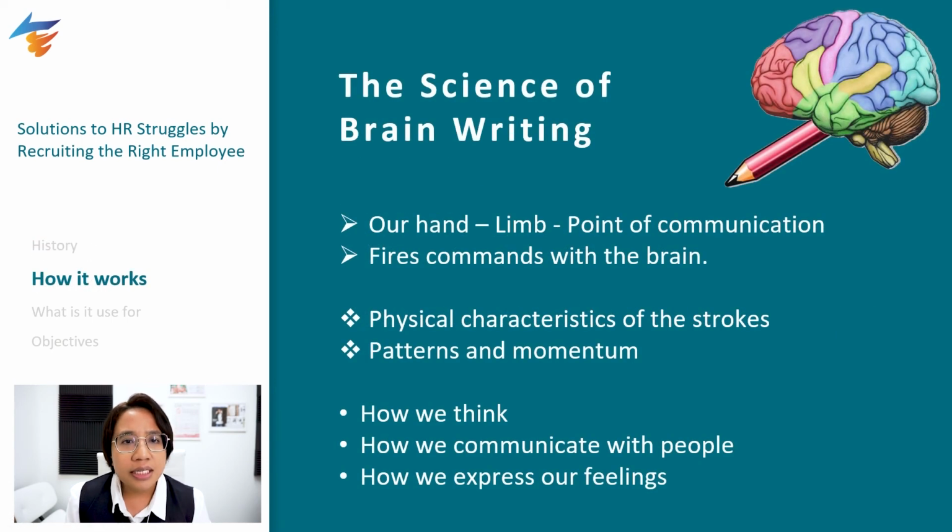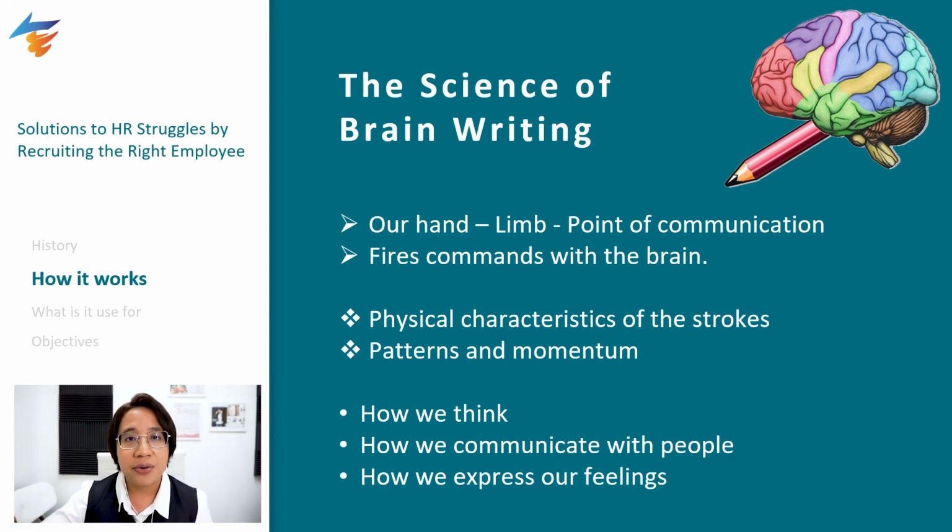All right, so how does this actually work? Handwriting analysis is brain writing. Whatever you speak, or however you think, comes from your brain, which is in your mind, and then goes to the point of communication, which is your hands and limbs, and is placed and reflected on a surface, such as paper, when you write.